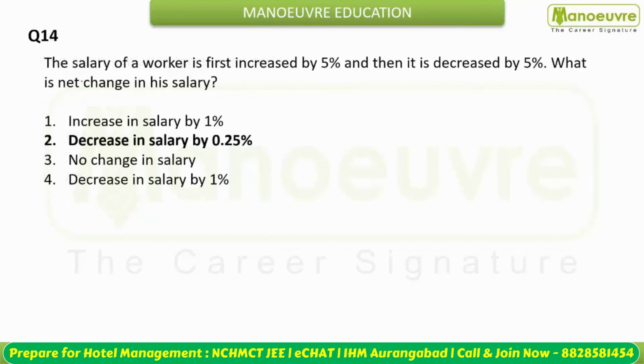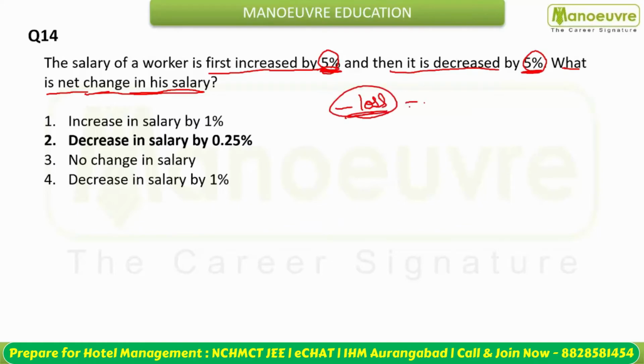Next is given to you: the salary of the worker is first increased by 5% and then decreased by 5%. What is the net change in his salary? So students, I have told you multiple times in class that in such cases, when there is firstly an increase and then a decrease, there is always a loss, which is equal to x square by 100 percent, where x is your increase or decrease value.